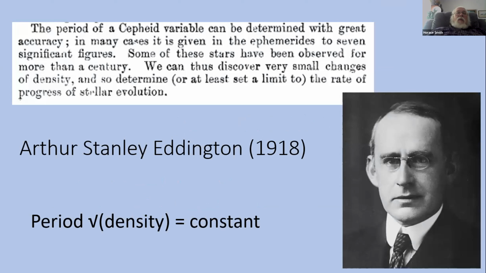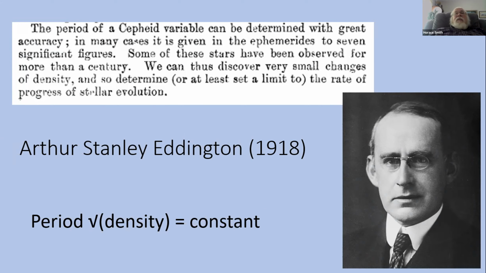If we go back to the early days of awareness that RR Lyrae stars and Cepheids were pulsating, we find that the importance of the period, the pulsation equation, was realized by people like Arthur Stanley Eddington. He said the period of a Cepheid variable can be determined with great accuracy.